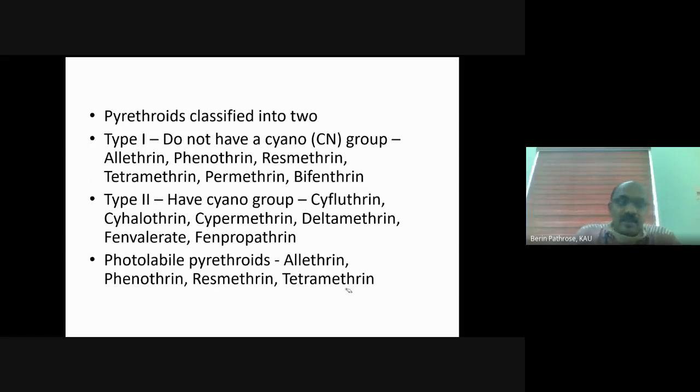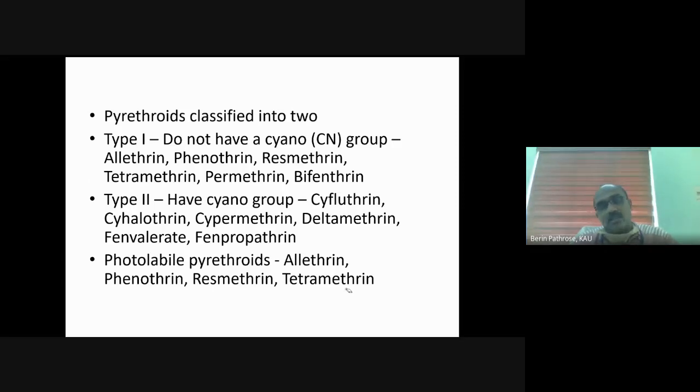And pyrethroids can be classified into two: type 1 pyrethroid and type 2 pyrethroid. The only difference is that there is one cyano group in type 2 pyrethroids, while type 1 pyrethroids don't have any cyano group. I will show you where that cyano group is once we discuss each and every one. Type 1 pyrethroids include allethrin, phenothrin, resmethrin, tetramethrin, permethrin and bifenthrin.